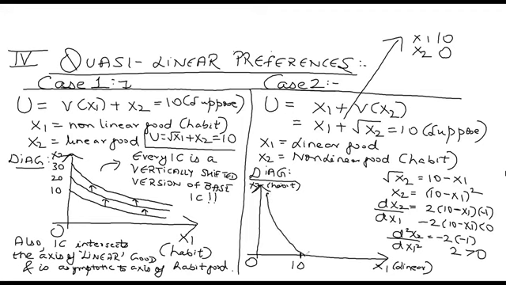Downward sloping and convex. The moment I change this to 20, suppose I make it 20, this will become 20, and this will also become 20.